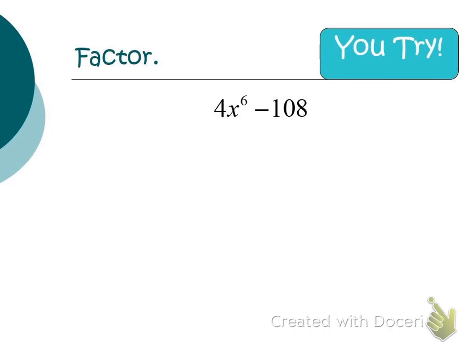Stop the video. You can start it back up and see if this is making any sense. All right. There is a greatest common factor of 4. So factor out a 4 and get x to the 6th minus 27.